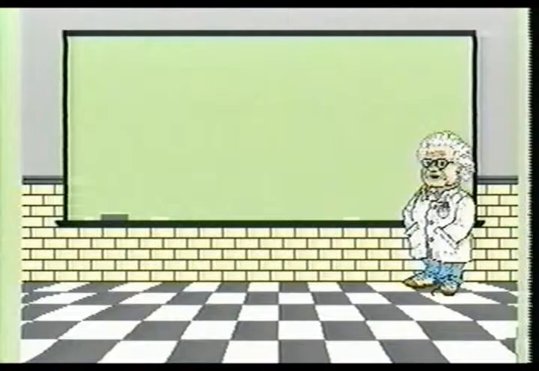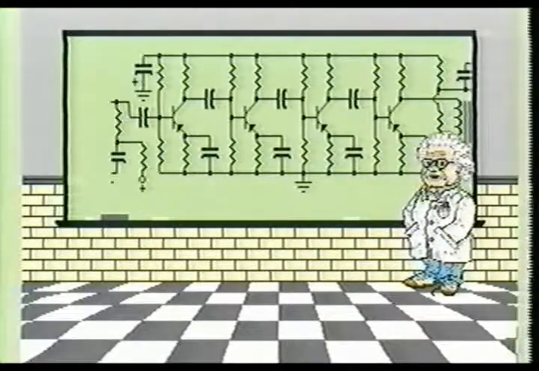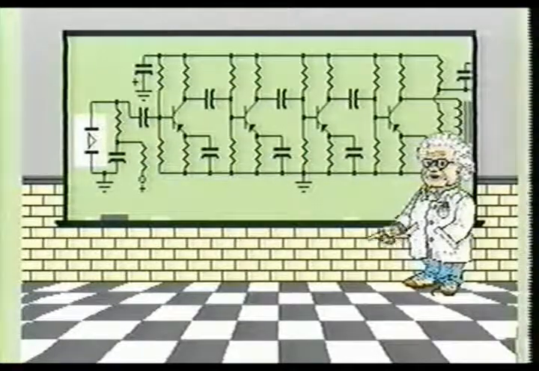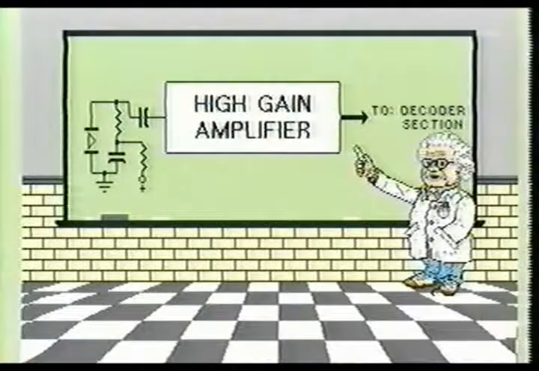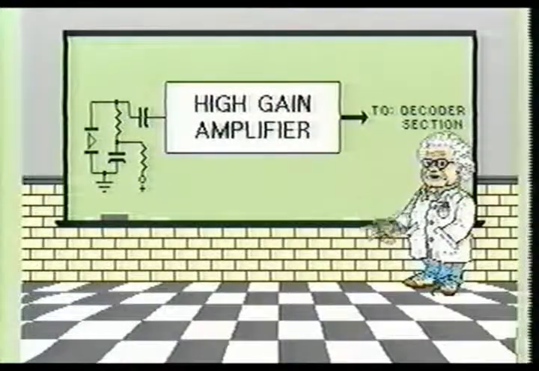At this time, we will pause for a short review of the material just discussed. The ultrasonic-controlled television receiver uses a transducer as a microphone and a high-gain amplifier to boost the ultrasonic signal to a considerable level.